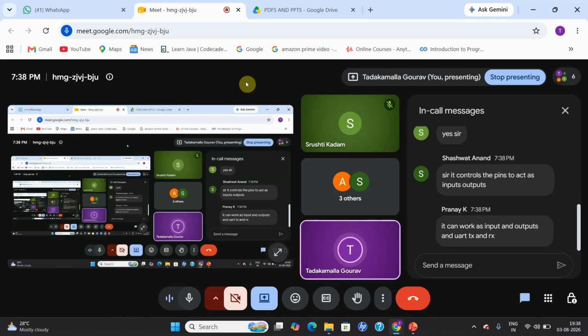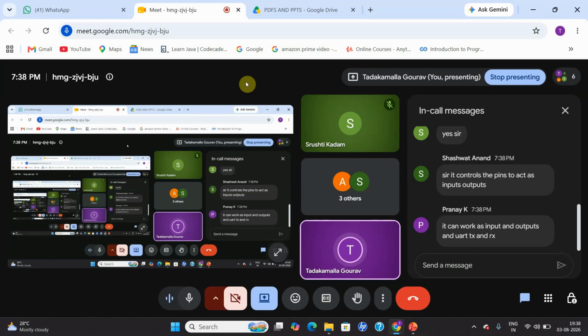One functionality is direction. It can work as an input and output, and UART TX and RX. Yes, so the first functionality is direction. The second one is alternate function. First is setting the directionality of the particular pins, and second is configuring those pins to act as an alternate function.